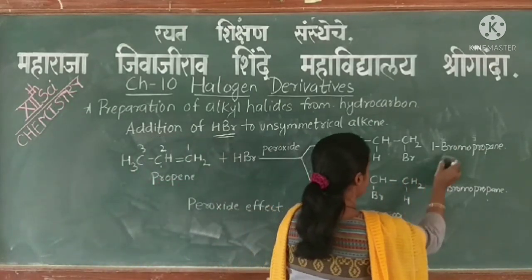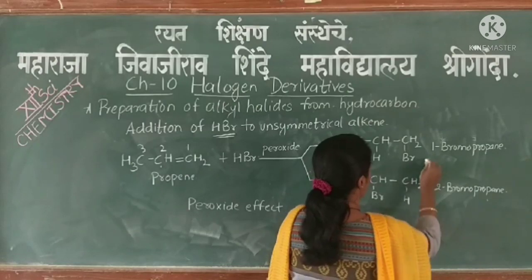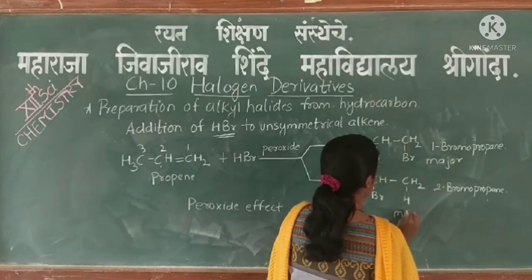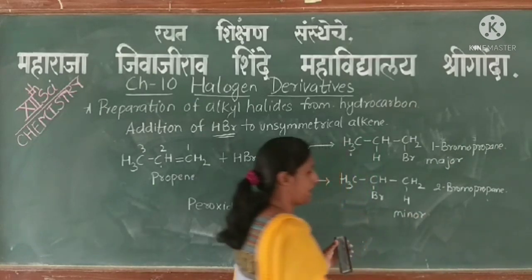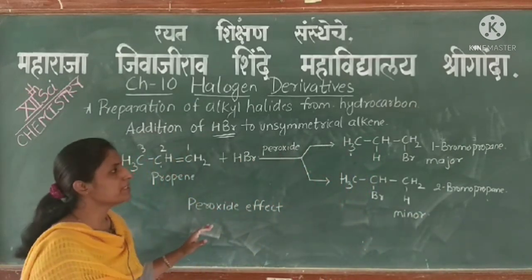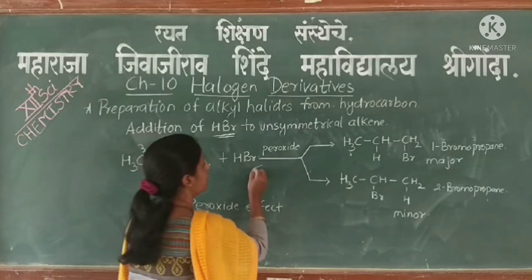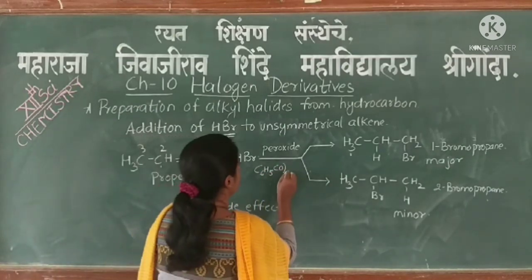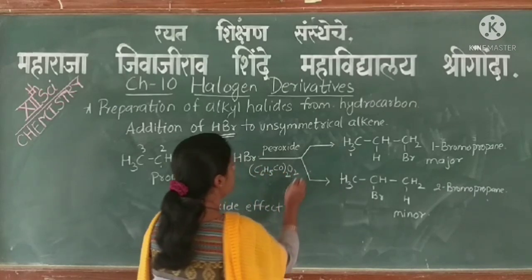In the peroxide effect, Markovnikov's rule is not followed. Here we are using benzoyl peroxide.